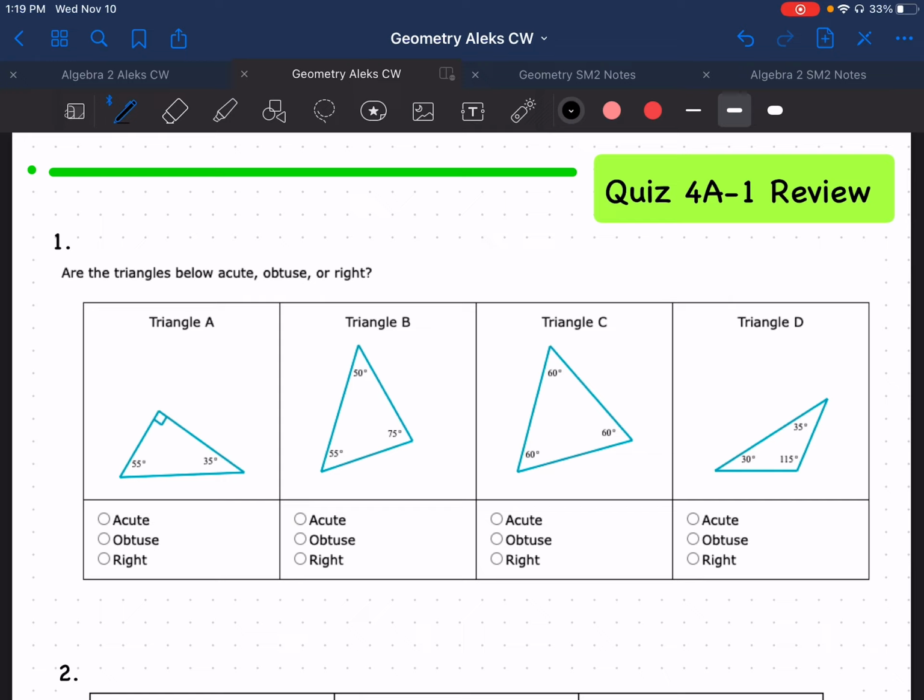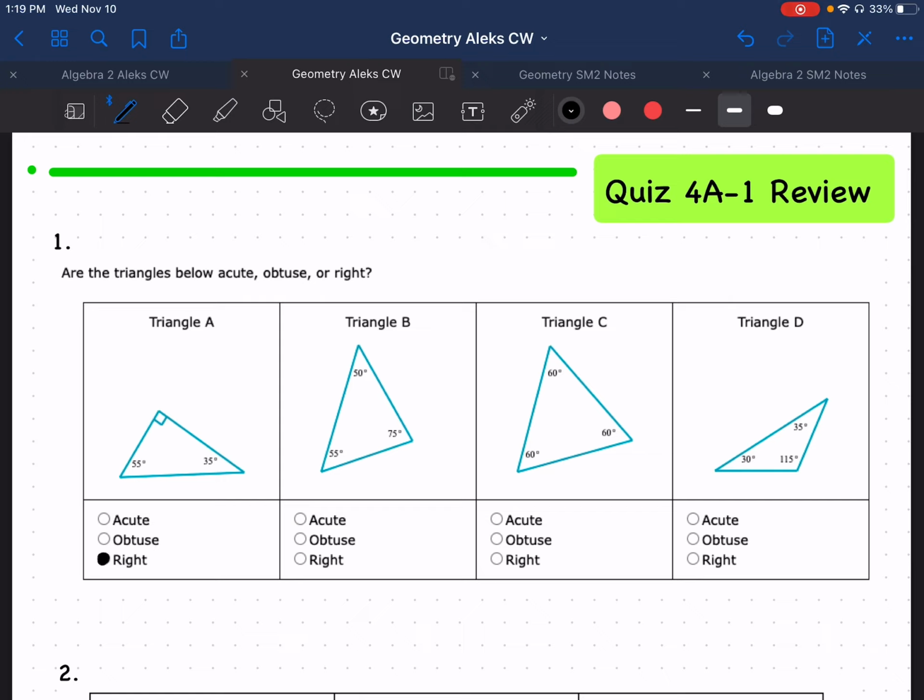So if we take a look at triangle A, because of that right angle, I'm going to go ahead and mark it as a right triangle. There's the right angle right there. In triangle B, as I look at the numbers, 50, 75, 55, they are all under 90 degrees. This triangle is acute.